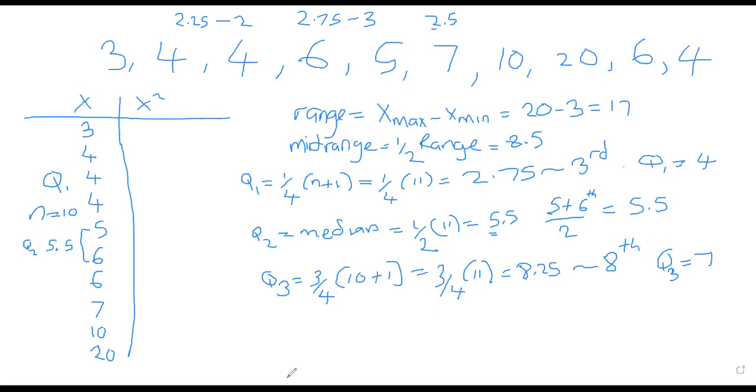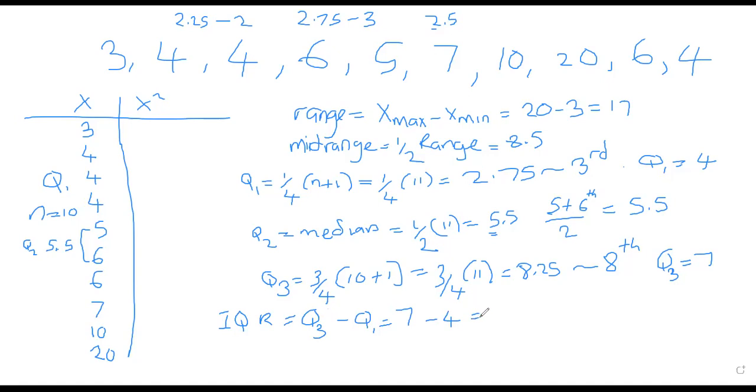Then the difference between the upper quartile and the lower quartile is called the interquartile range. So the upper quartile is Q3. The lower quartile is Q1. So when you subtract Q3 minus Q1, we get 7 minus what? 7 minus 4.